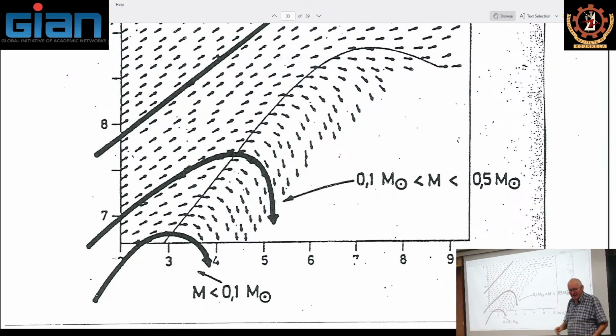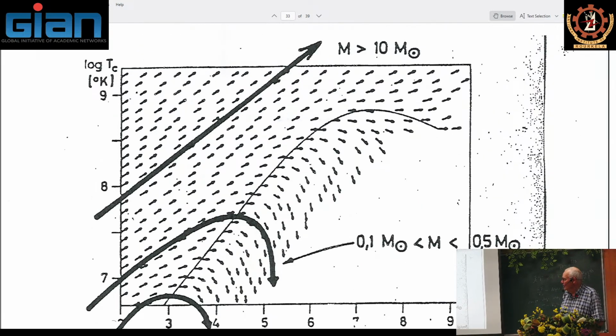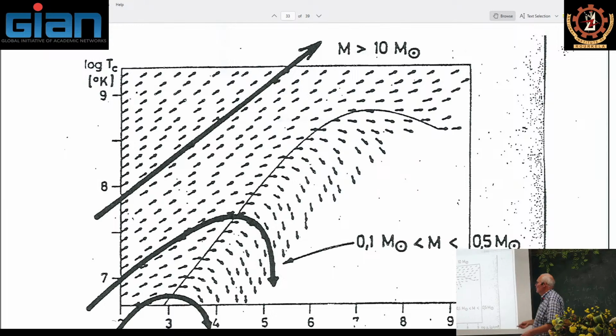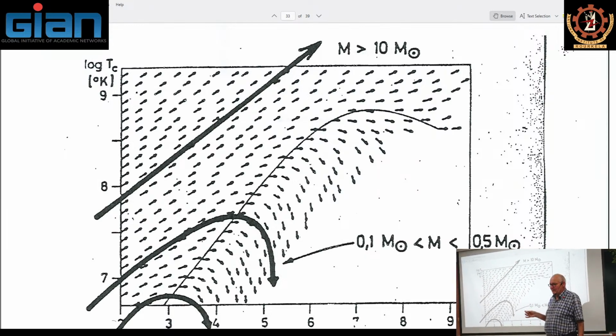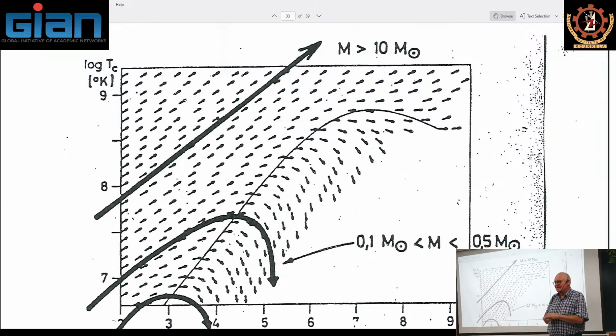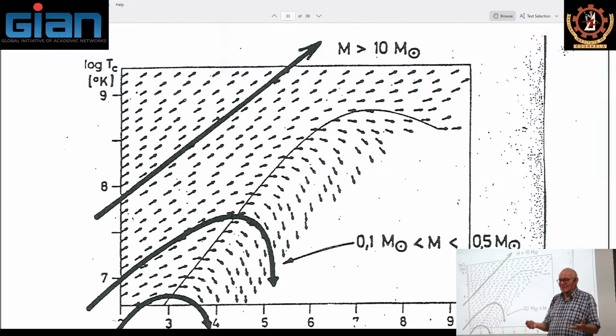Well, for very massive stars, here we have the 10 solar mass star, this does not reach degeneracy, or it reaches degeneracy after silicon burning. In any case, it will reach degeneracy once it has undergone silicon burning, because this is the last burning stage. Then the star has to contract, and once it contracts, it always enters the degeneracy regime.